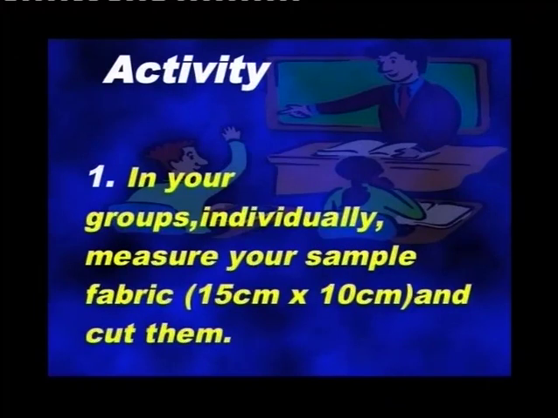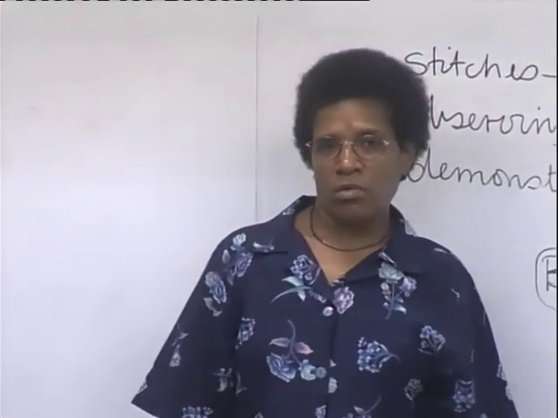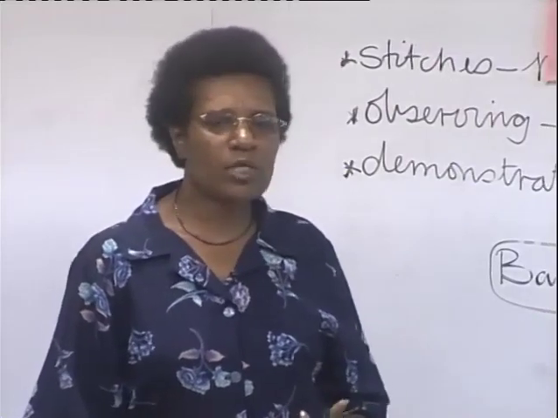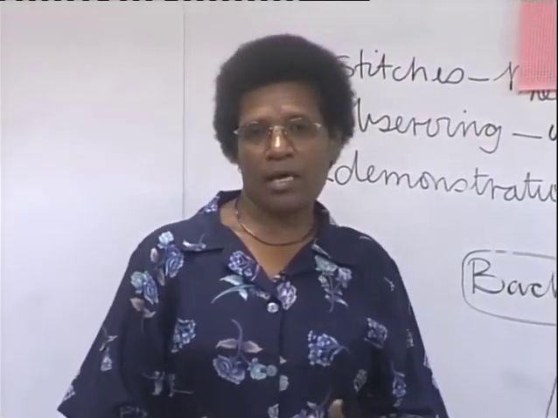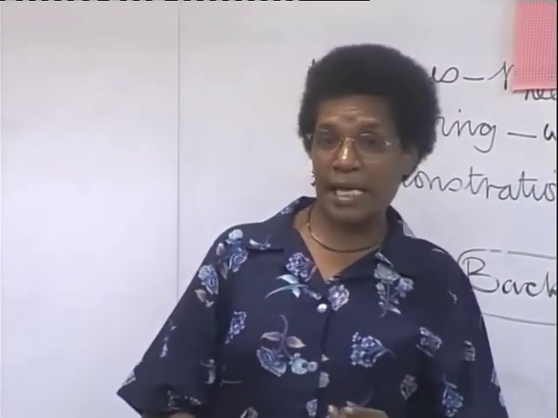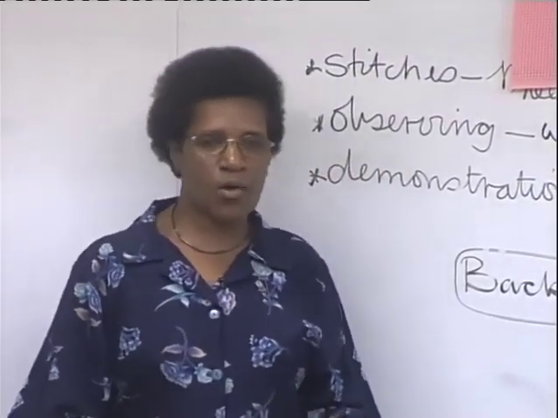Okay, so in your groups you are going to individually measure your piece of fabric which you were told to bring. And the measurement is 15 by 10, and you cut them out.